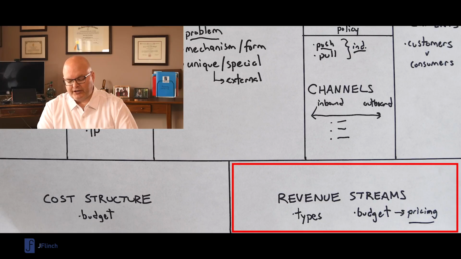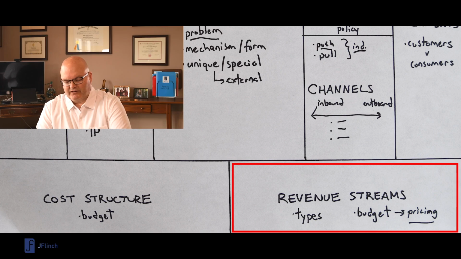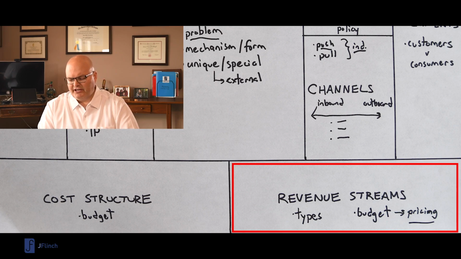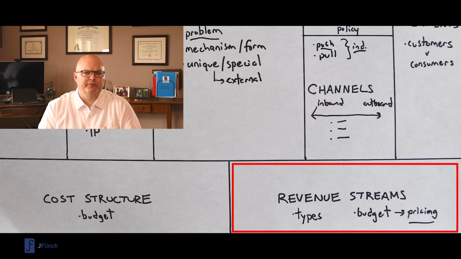Now, from a revenue stream, usually this is simply predefined as budget, right? Because you're not engaging on a transactional level, but I really encourage people to think about this from a pricing standpoint. And what I mean by that is that while the services that other groups consume from your group are usually built into overhead, if instead they had to pull money out of their budget to pay for you as if you were an external vendor, would they do it?